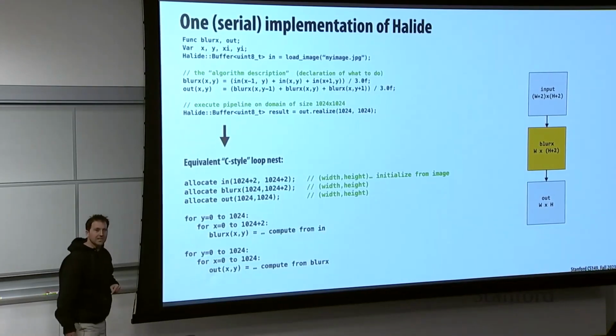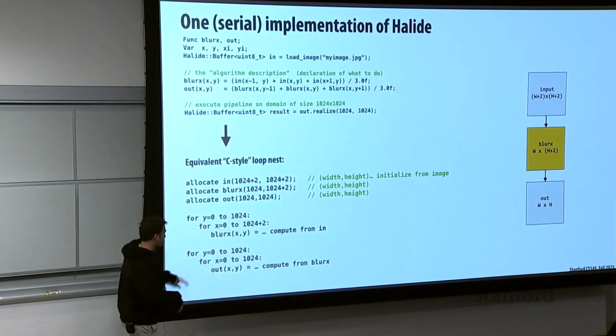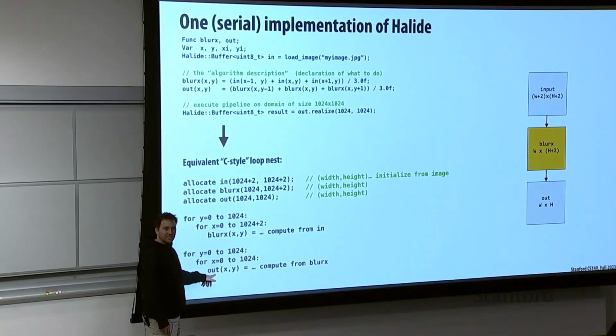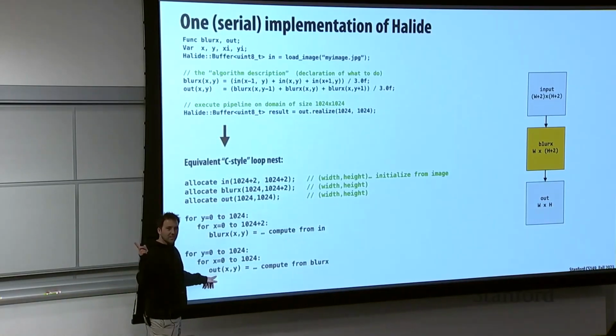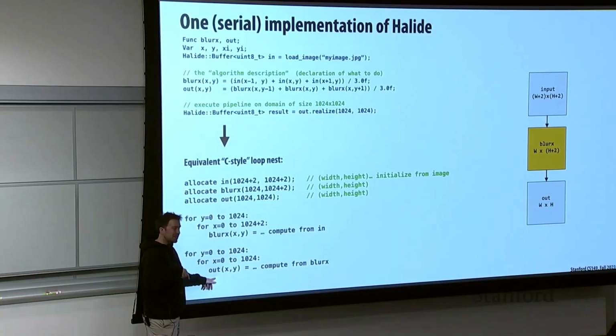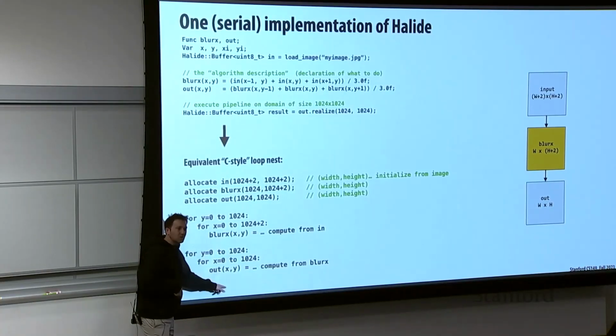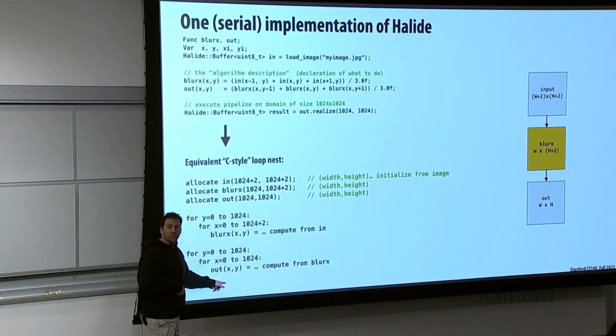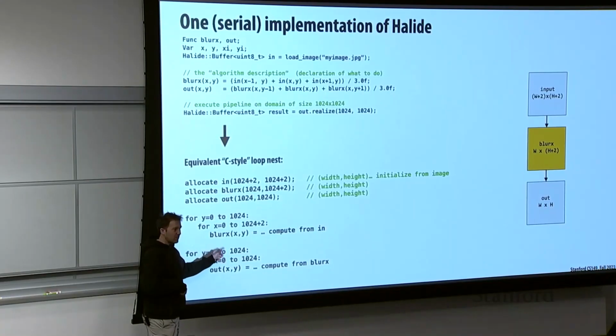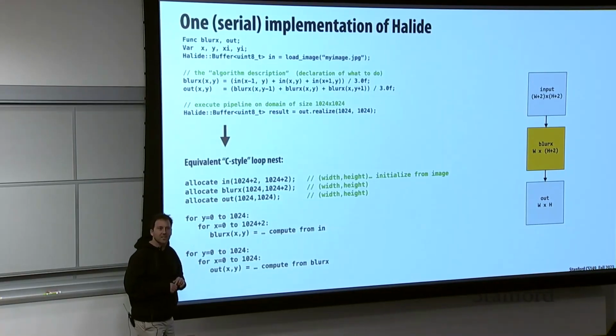And so what that statement said was, hey, the loop nest that creates out, I want you to modify it so that it was a tiled loop nest, and I want you to call the for loops that would result from that tiling x, y, xi and yi.